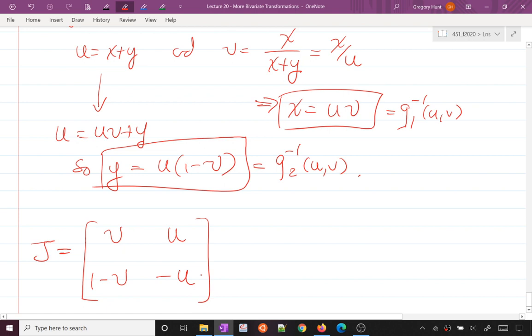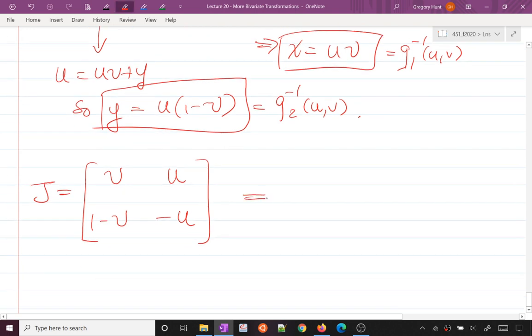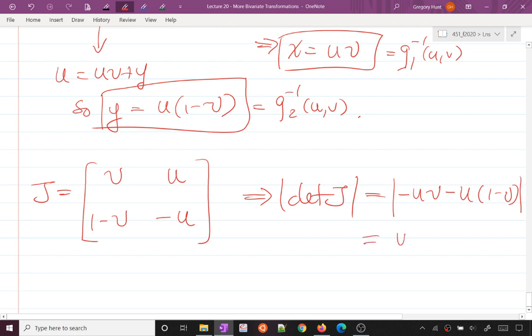Yep, that makes sense. And what this implies is the absolute value of the determinant of my Jacobian matrix is absolute value of negative uv minus u times 1 minus v, which actually turns out to just be u. I can drop the absolute value bars because both u and v are always positive, and yeah, negative uv minus u plus uv leaves me with just u.